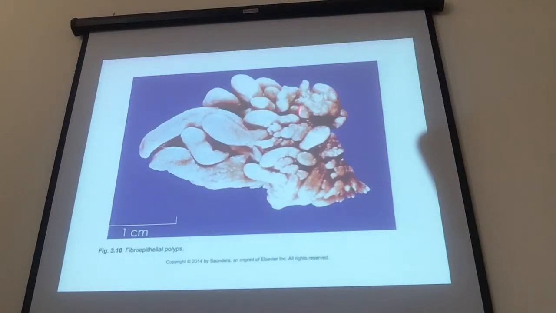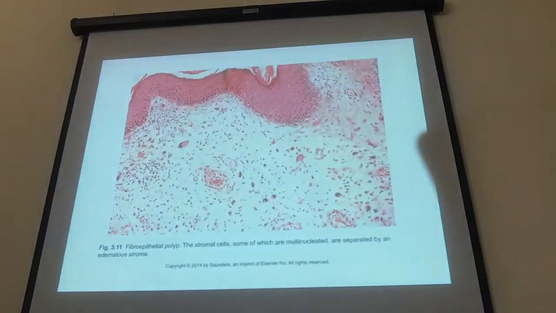Single or multiple, as in this case, we might wonder about condyloma or other sorts of things, but these will have some distinctive findings. And one of those findings is this unique stroma that says, oh, this is not just an epithelial proliferation, there's something in the stroma that is abnormal as well.